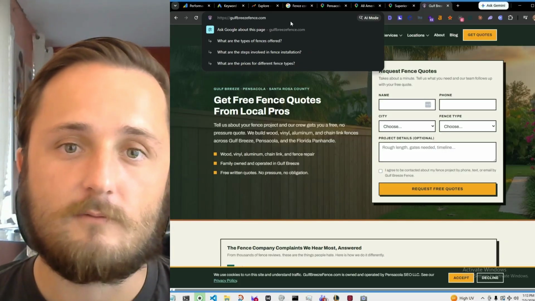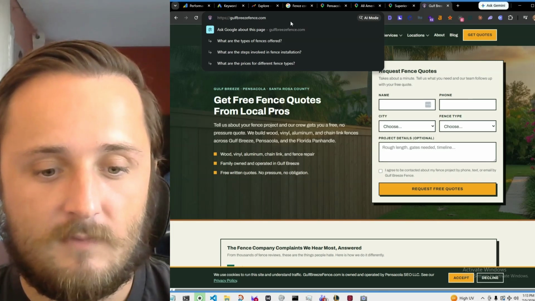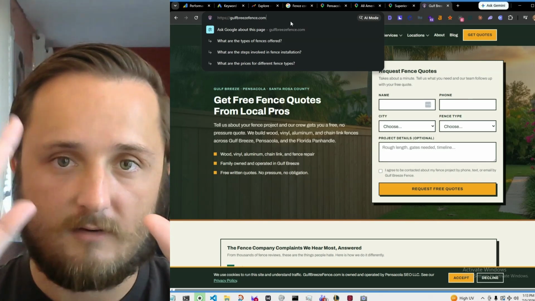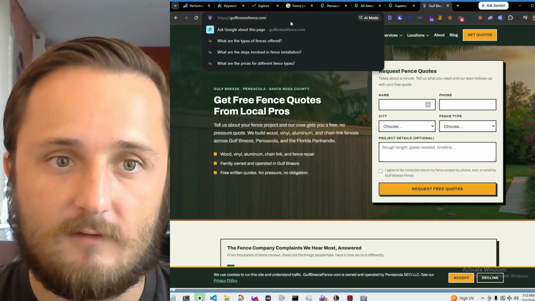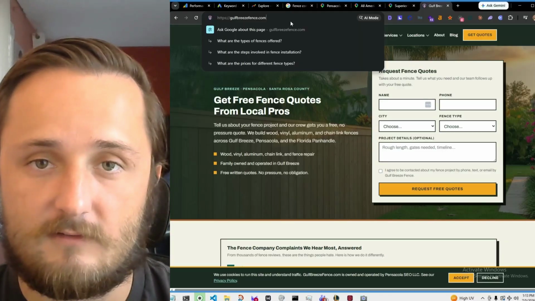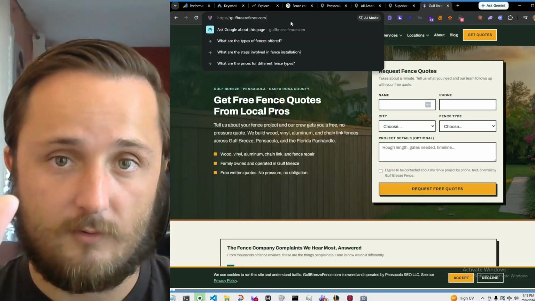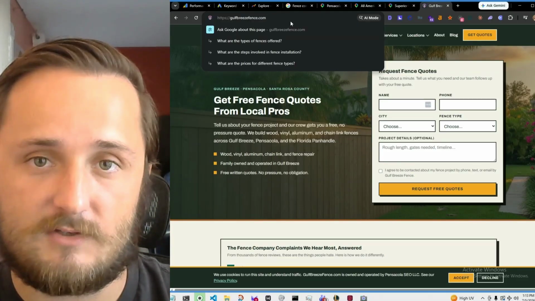When you go to create your URL, you need to make sure that whether you select www or non-www, it stays consistent. In this example, my domain is golfbreezefence.com. If I select it with no www, it needs to stay consistent across all of my pages.